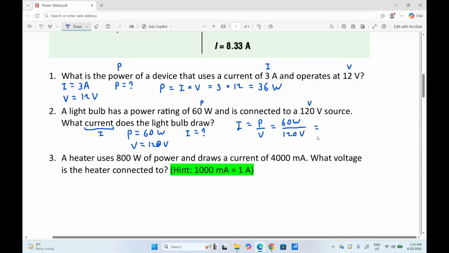Now I just compute this. 60 divided by 120 is 0.5, and this would be 0.5 A for amps. And that's going to be my current. Just going to redraw that here so it looks a bit better.